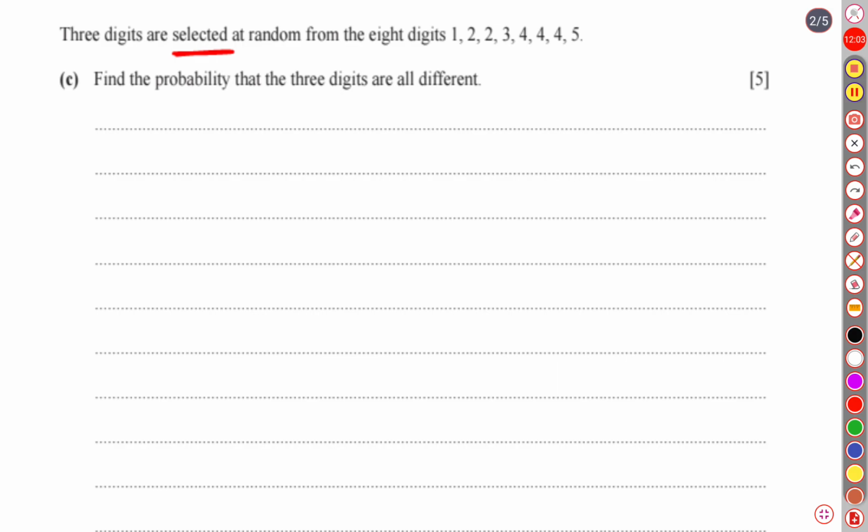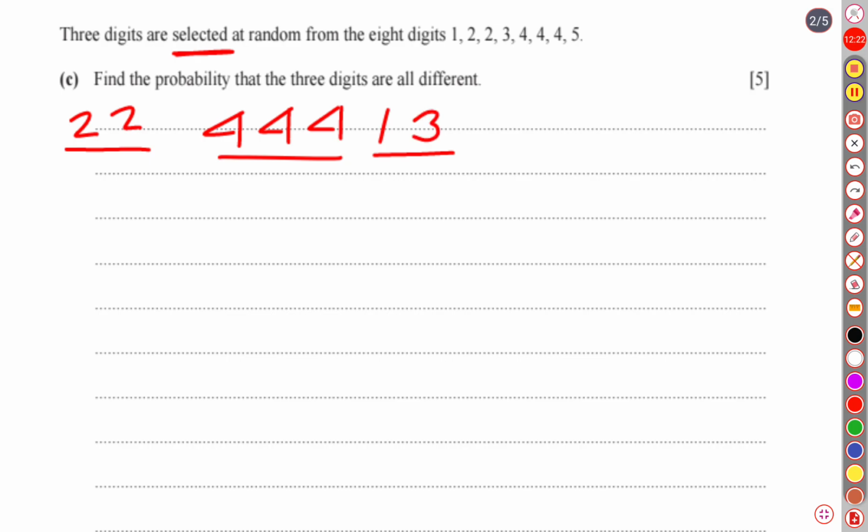There are two 2s, there are three 4s, and the rest of the digits left are 1, 3 as well as 5.